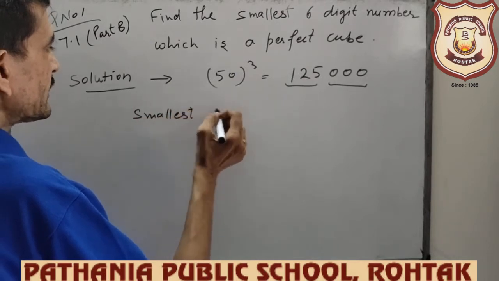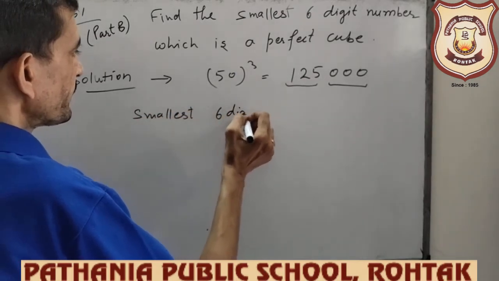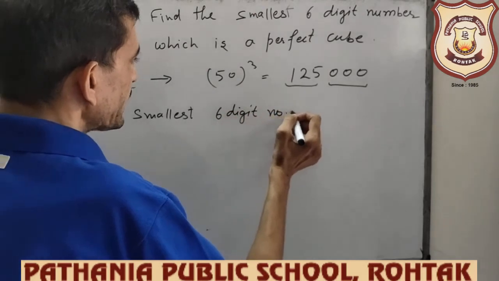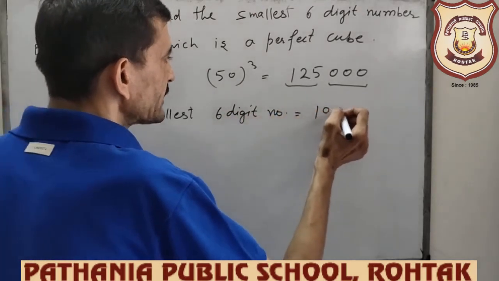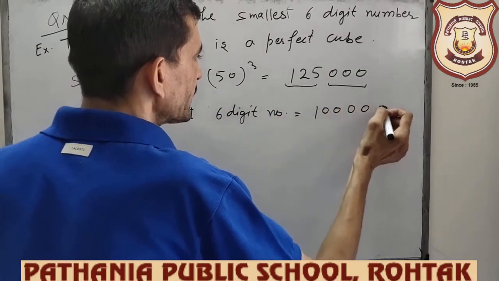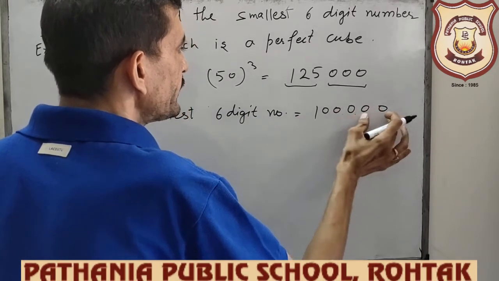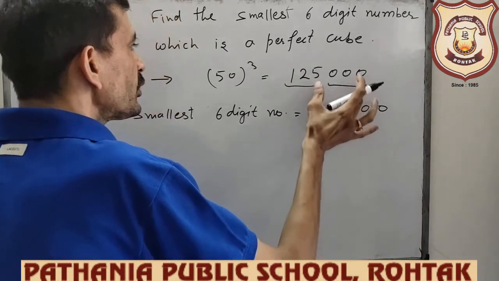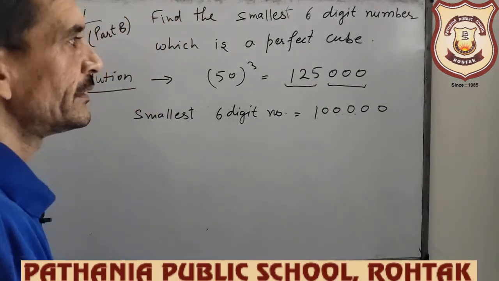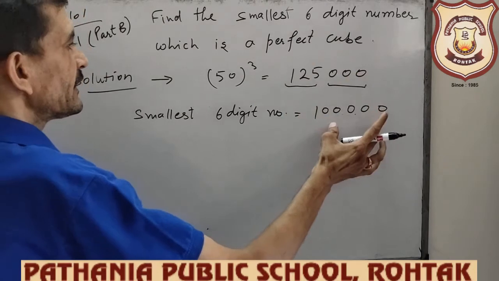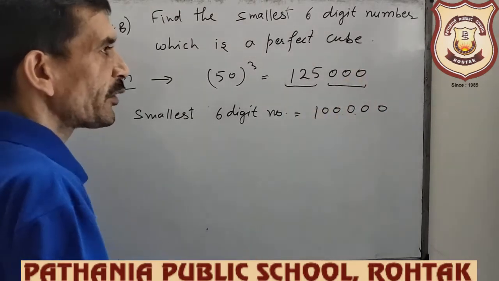The smallest 6-digit number is what? It is 1 lakh, 1 and 5 zeros. So there is not too much gap. Between 1,25,000 and 1 lakh, there is a small gap.